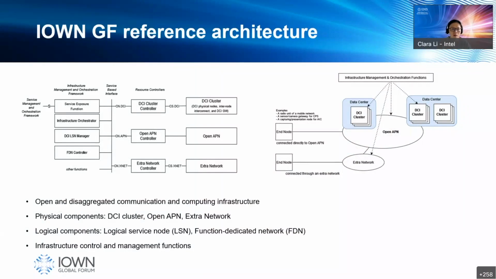The overall system is comprised of mainly three physical components. One is the DCI cluster, which is the computing infrastructure. The other is the Open APN, which is the optical network connecting the computing infrastructures. And there's also the actual network, which is a non-optical part of the interconnect.